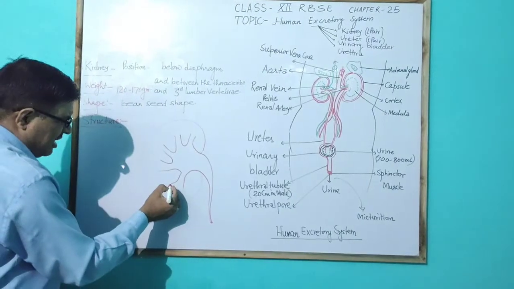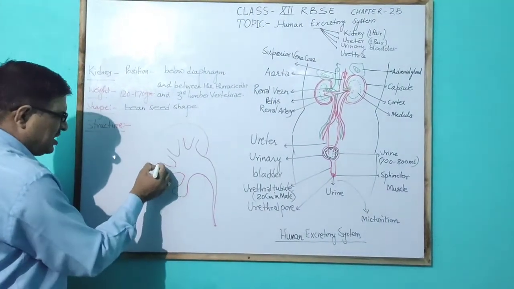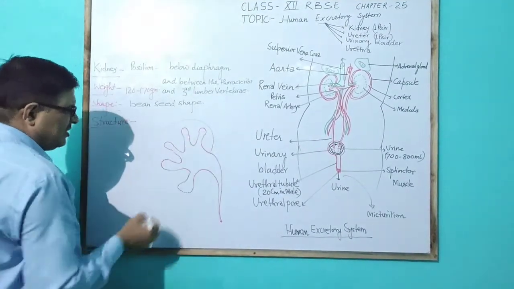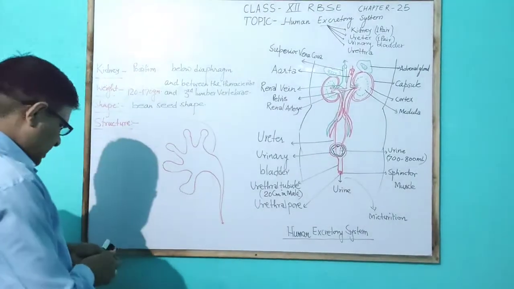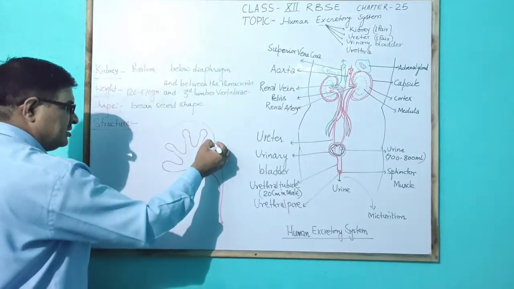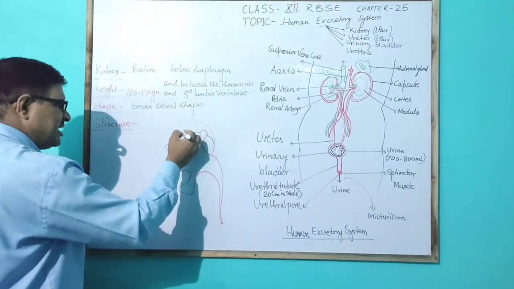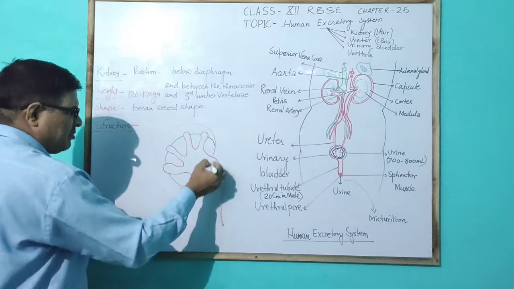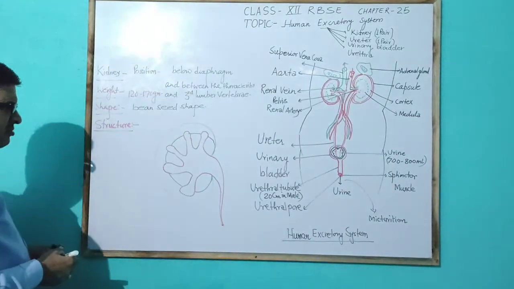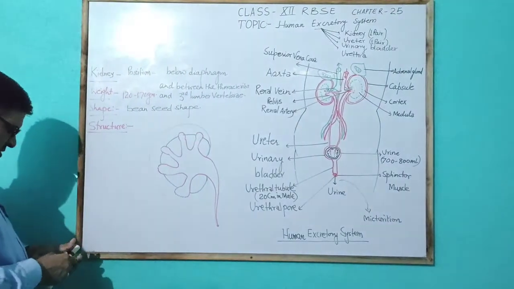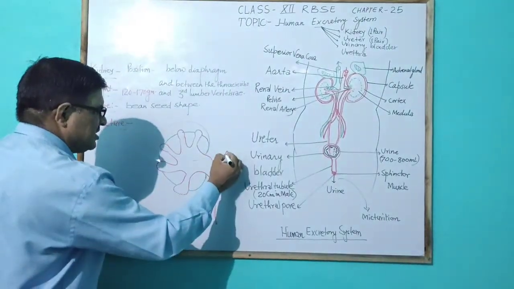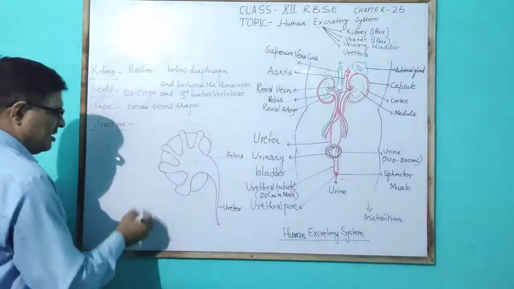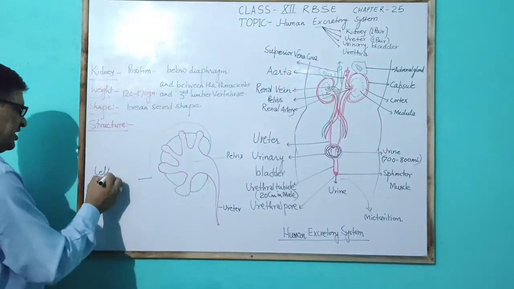This branch structure has pyramid shaped structures which reach up to the cortex part, because each kidney has two parts: the outer part which is called the cortex and the inner part which is called the medulla. In the medulla part is the branch structure of the pelvis, which opens into the ureter in a downward direction, and suppose this is the left kidney.